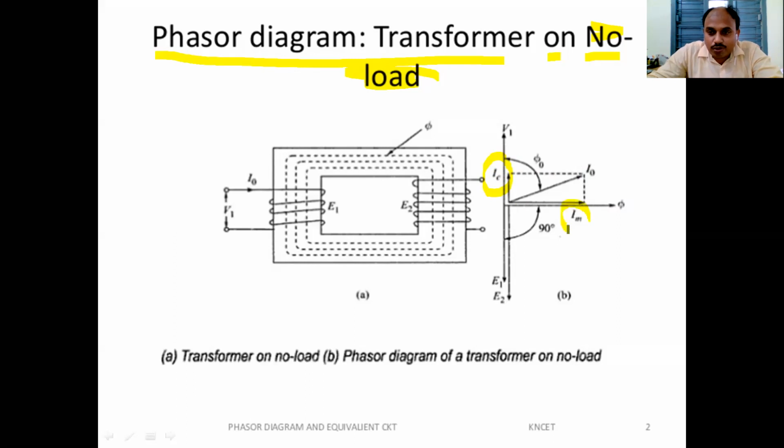The total current is the sum of the two currents, IM and IC.